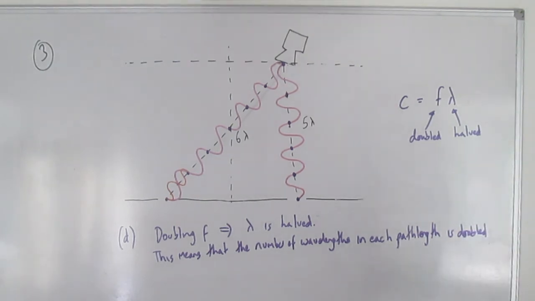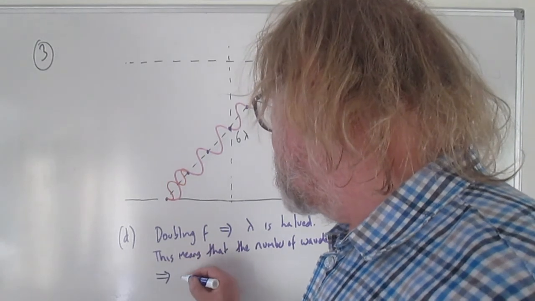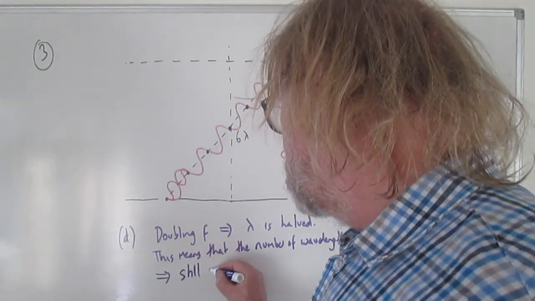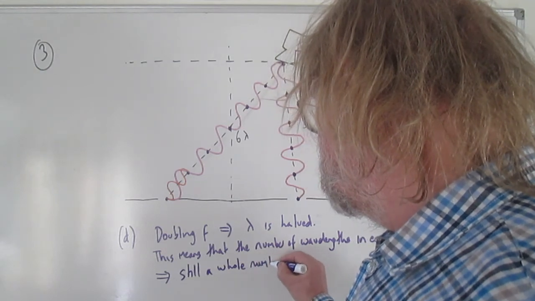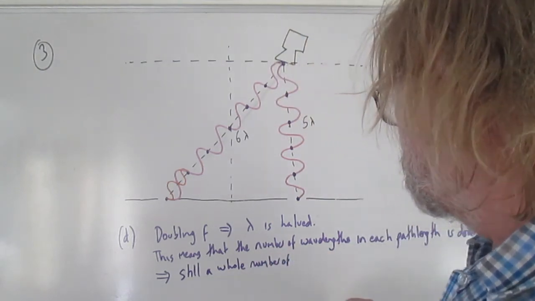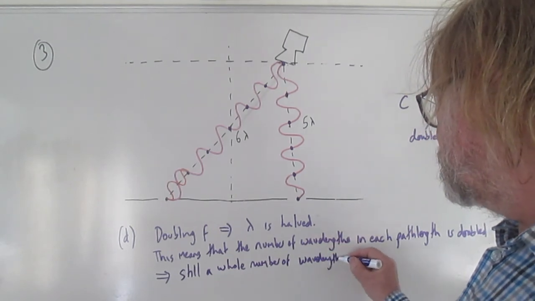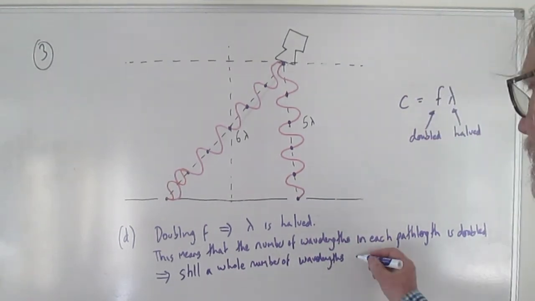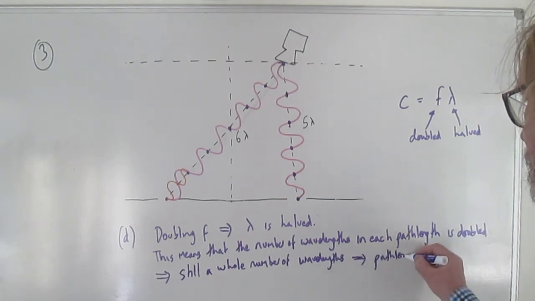But if you double an integer, you still get an integer. So that means that it's still a whole number of wavelengths. And so the difference in path length is still a whole number of wavelengths.